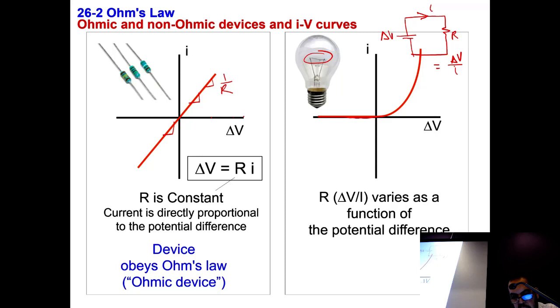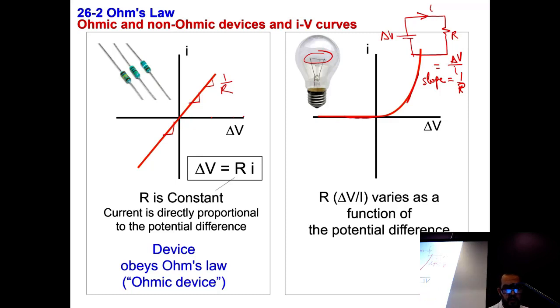Clearly, if you try to determine the slope anywhere, it's not constant. The slope is 1 over R. You can see for this material, at different voltages, you get different resistances because the slopes are different.